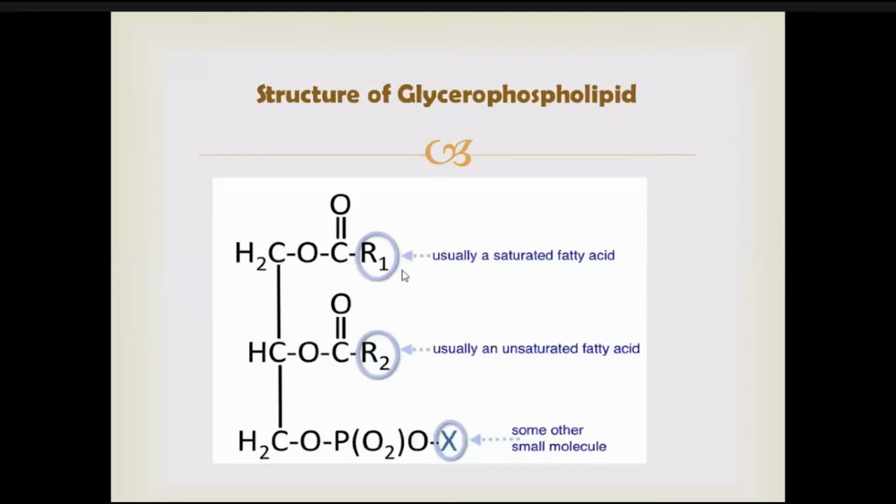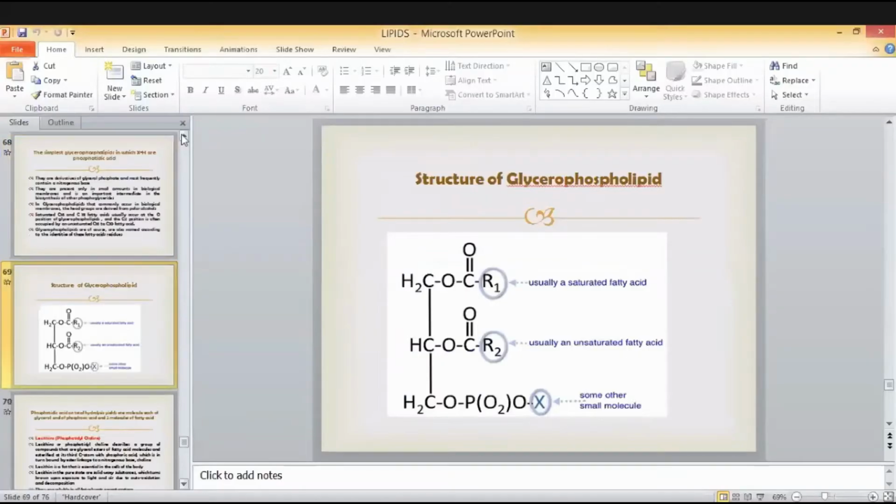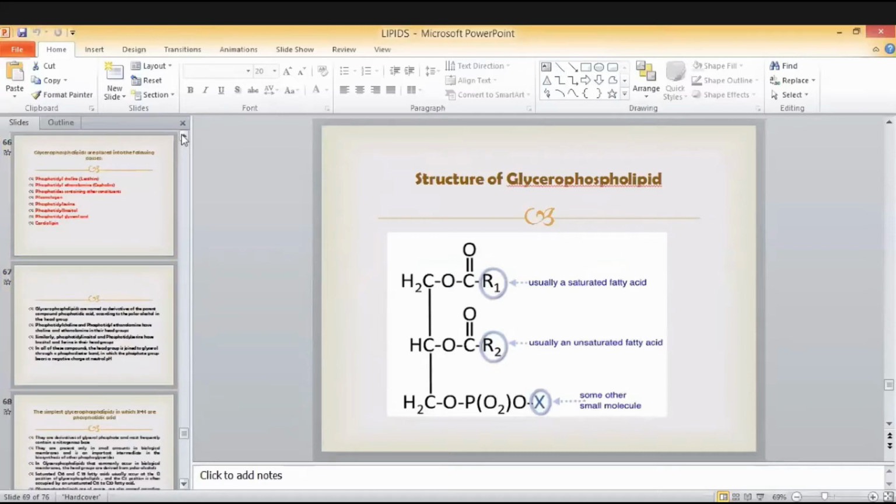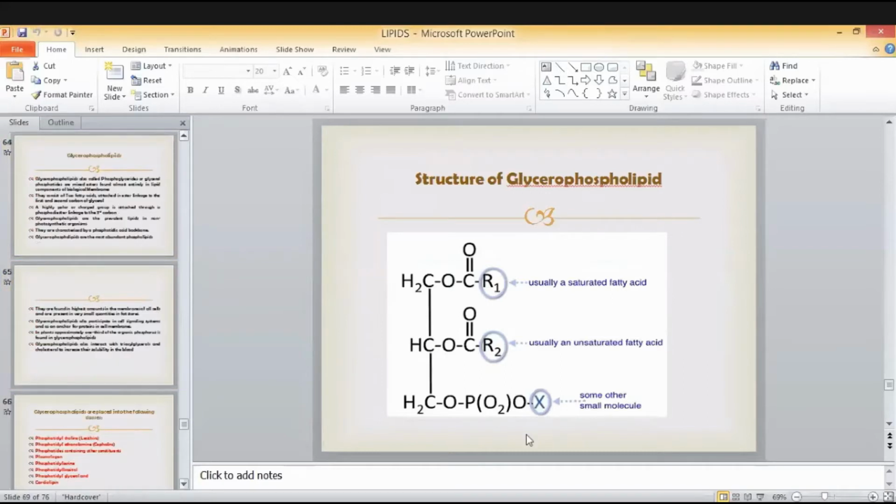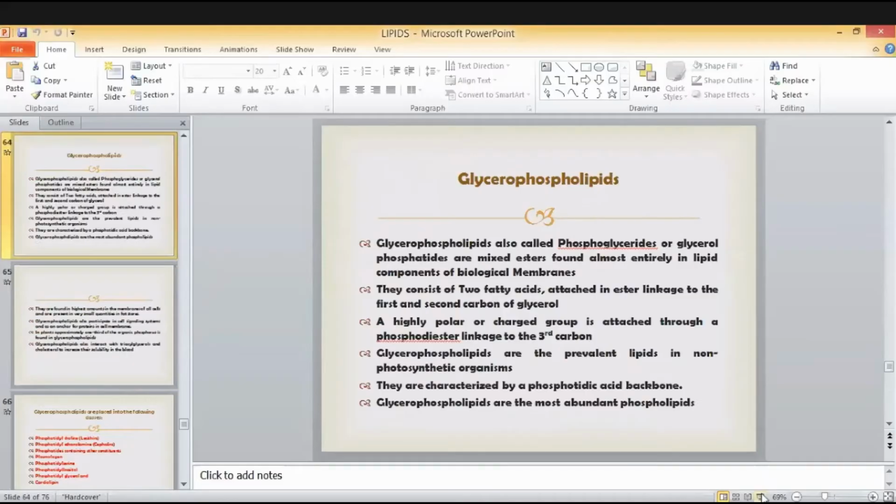So R1, first carbon pe by and large mostly it's the saturated fatty acid that is attached, and at the carbon number 2 mostly it's the unsaturated fatty acid that is attached. And obviously, as we said, X represents the polar head group, whatsoever head group जो है that is going to be attached over there.